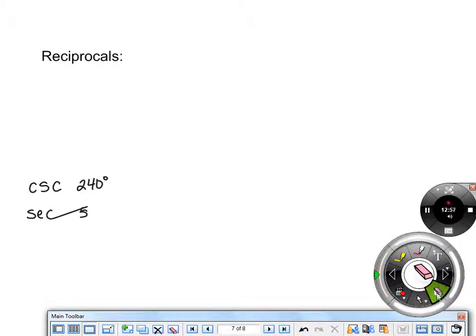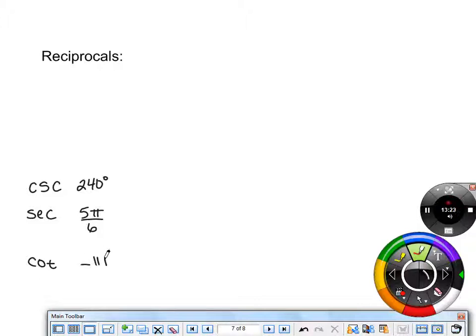Cotangent of negative... I made the angles harder to figure out too, just to make your life a little bit extra difficult.